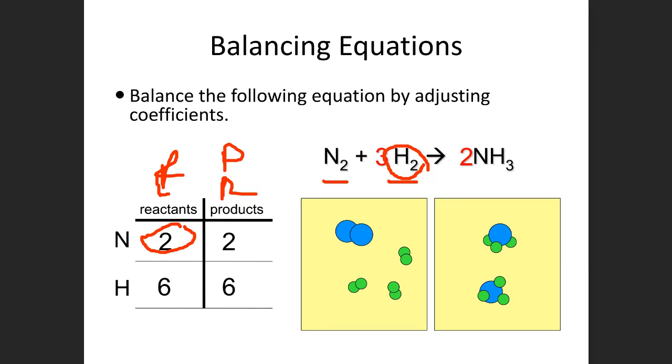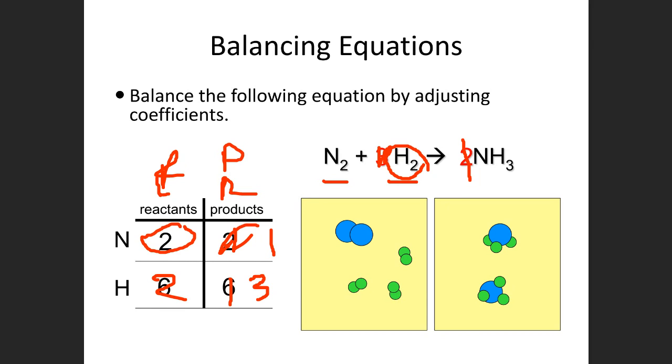That means two hydrogen. But this is the after balancing, so just write the two hydrogen atoms. And forgot about it. We have one nitrogen, just one nitrogen and three hydrogen.